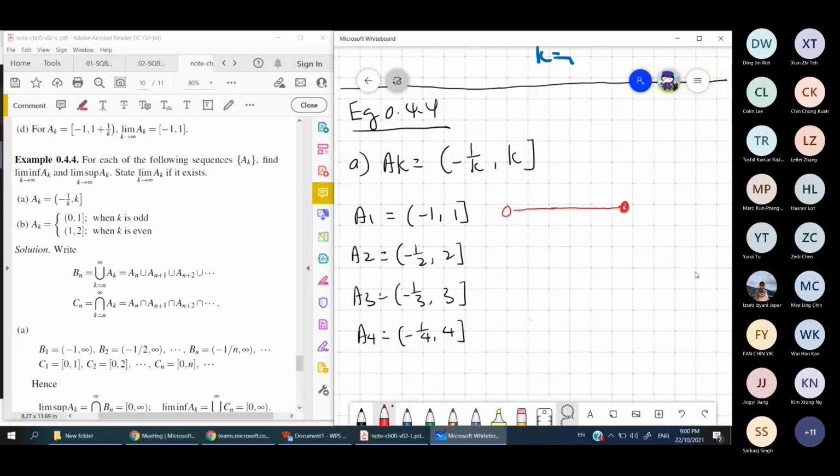Let's say our 0 is here. Minus half will be somewhere here. This is 1, and then it will go to 2. Minus 1/3 will be somewhere here, and then we go further a little bit. Minus 1/4 can never reach 0, and then goes to 1.